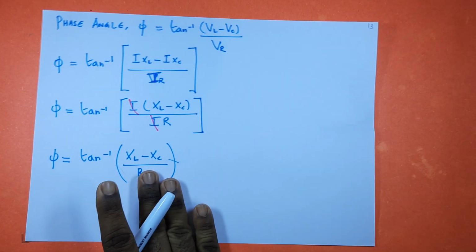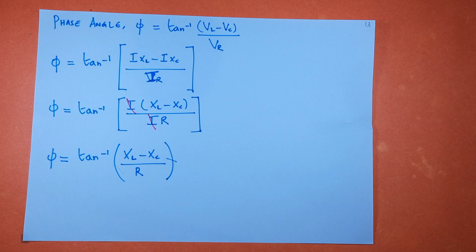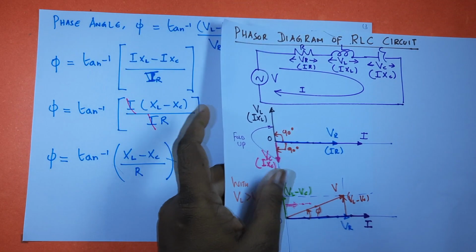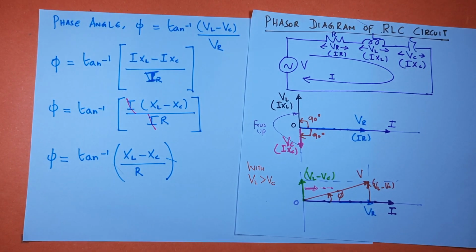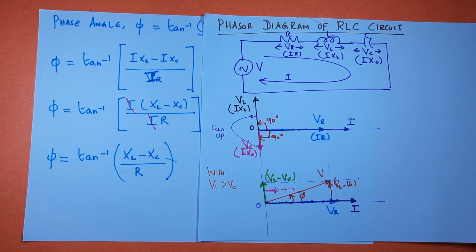Next, we have already seen that phasor diagram. If you want, I will show you again, just for your understanding. I think it is visible for you. Here, phi is the phase angle, right?